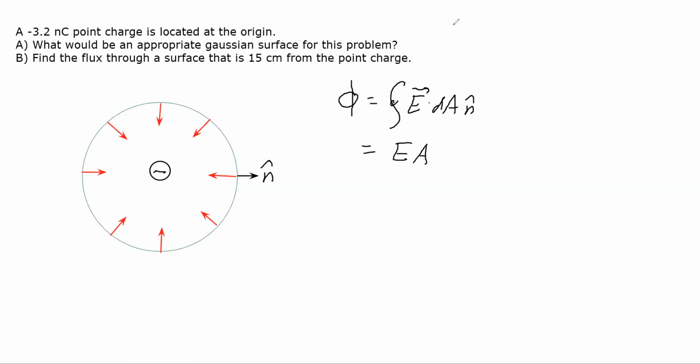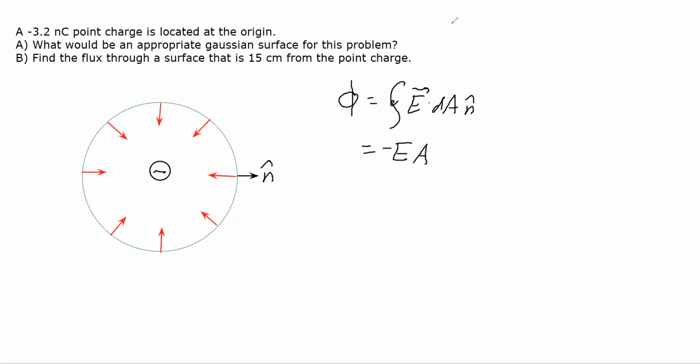But there's something unique here that we didn't see in previous pictures, is that N and E are going in opposite directions. They are what we call anti-parallel, right? So how does that affect my flux? Well, remember we said that that's going to give you a negative flux. If your electric field is going the opposite direction as the normal, you can get a negative flux there. Okay, so that's our equation. Now it's just a matter of finding E and A.